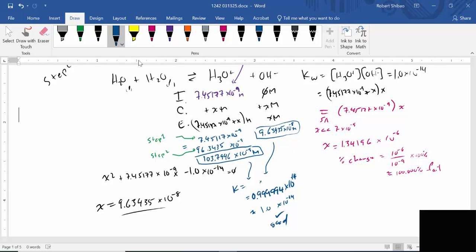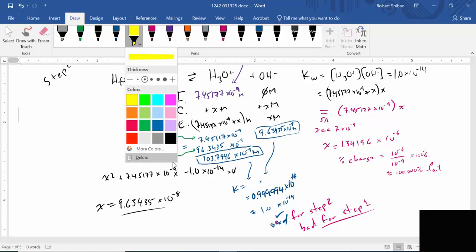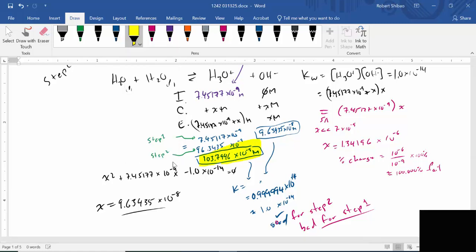So let me write that here: good for step 2, bad for step 1. And why do I say that? The reason is that step 2 is in balance, you can say, with these concentrations here.